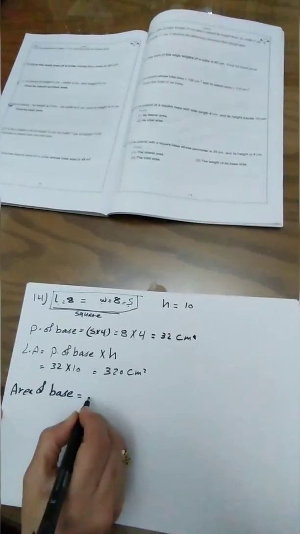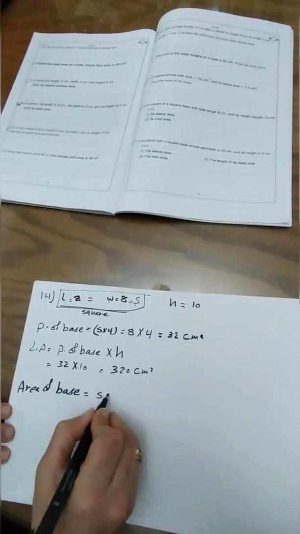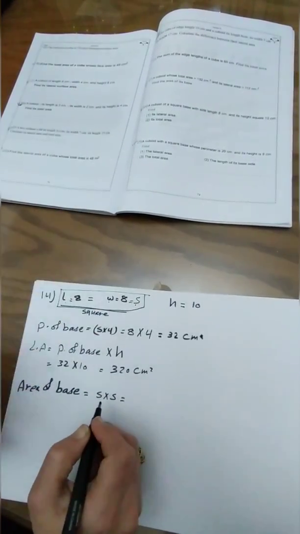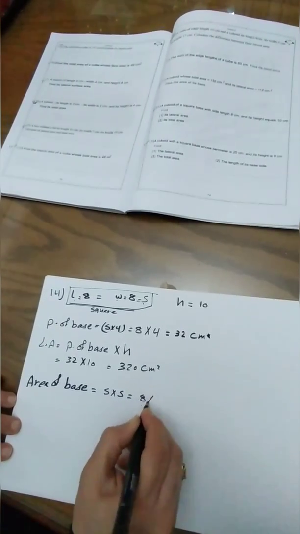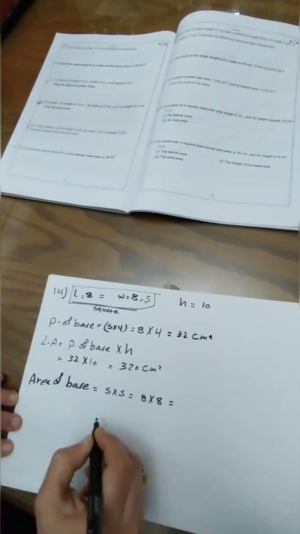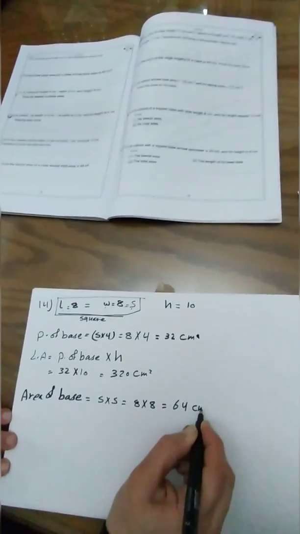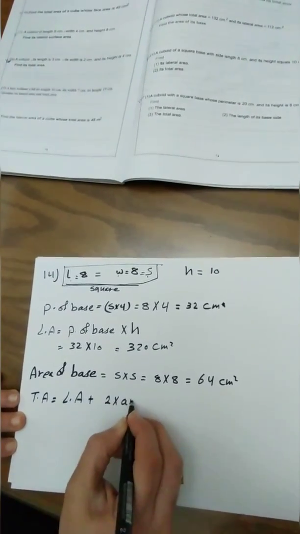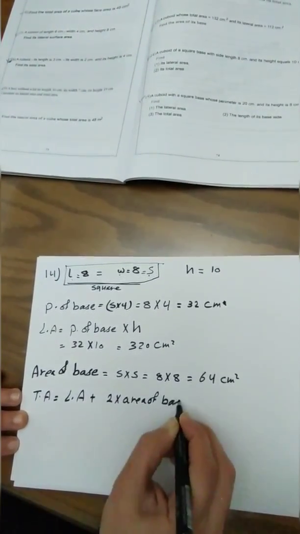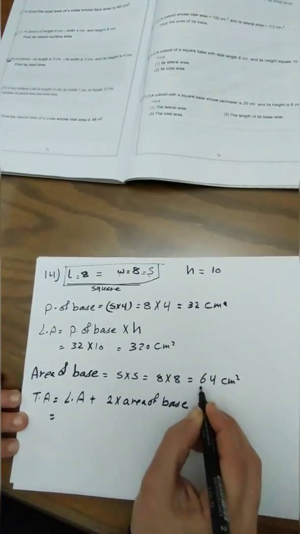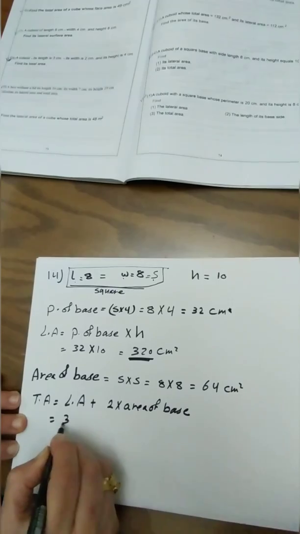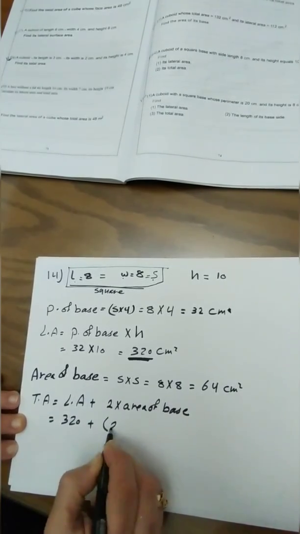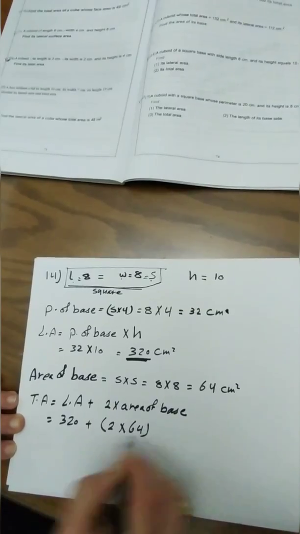Area of base equal, this is a square, so side multiplied by side, or length times width. 8 and 8 equal 8 multiplied by 8 equal 64 centimeter square. Here, total area equal, the rule, lateral area plus 2 times area of base, equal lateral area 320 plus 2 multiplied by 64.